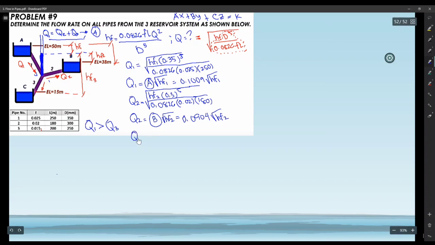And last will be for our Q3. So, that is square root lang ng HF3 times 0.25 raised to 5 over 0.0826 times 0.015 and then times 200.